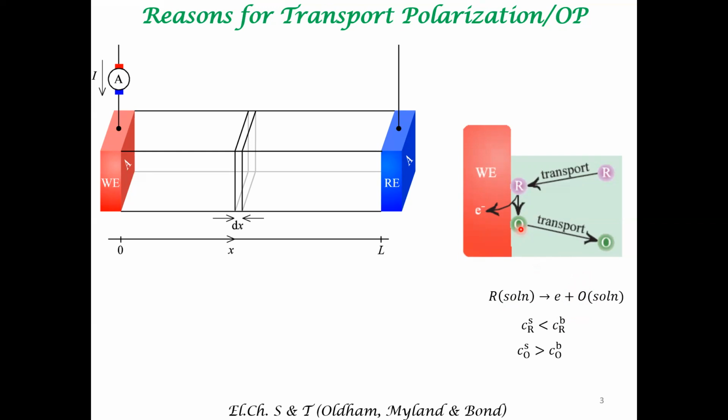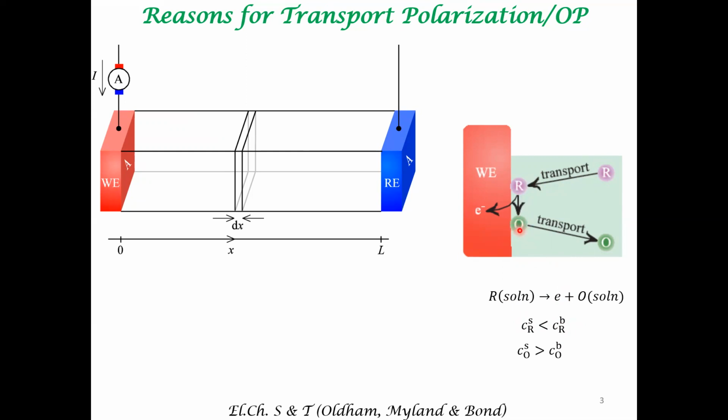And if you notice, for these kinds of transport to be possible, the concentration of R in the bulk indicated here is less than the concentration of R on the surface of the electrode. Therefore, a net transport of R from the bulk to the electrode surface is possible.